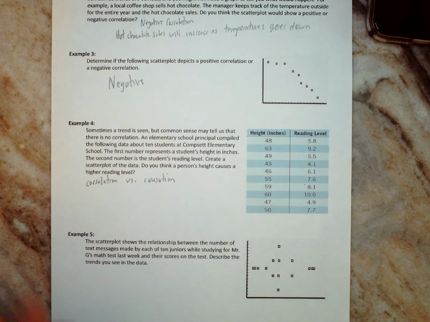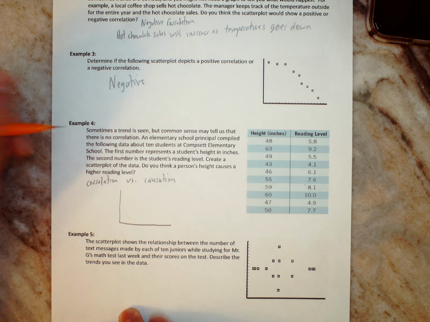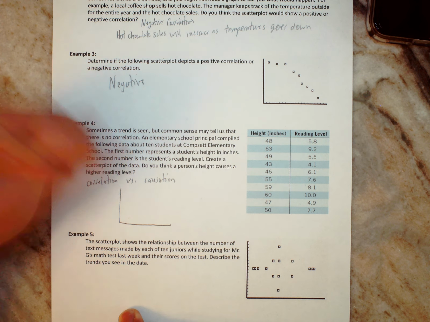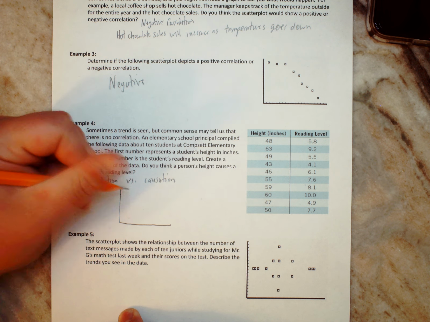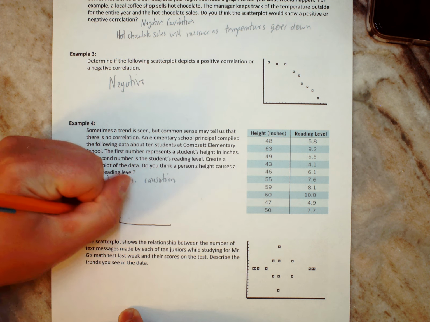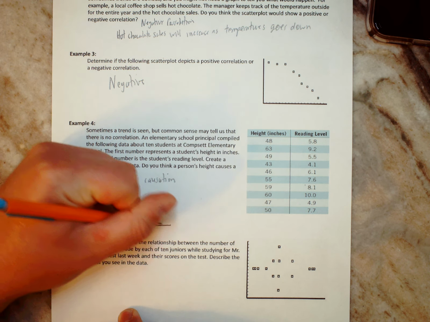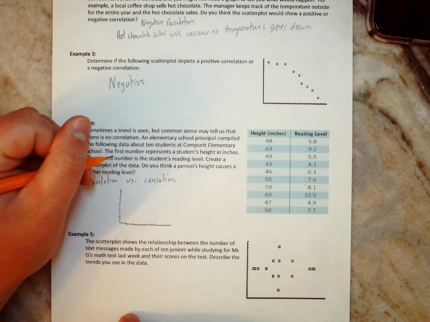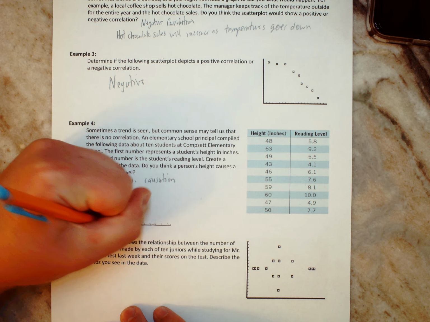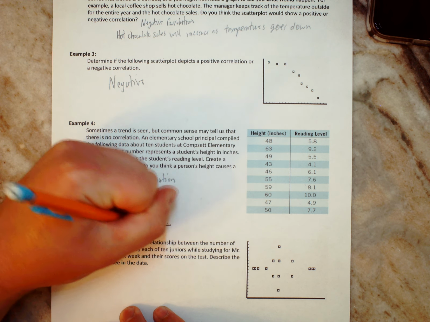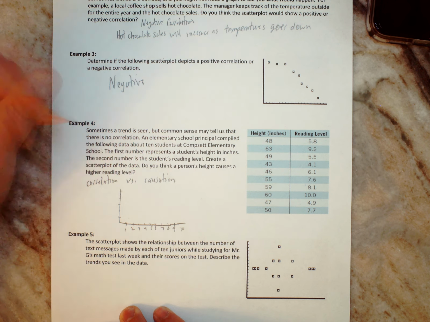So if you were to really draw this scatter plot, let's just make a little plot here. Let's say height on the side. I'll show you what it would look like. So reading level, we'll do 1 to 10. 1, 2, 3, 4, 5, 6, 7, 8, 9, 10.